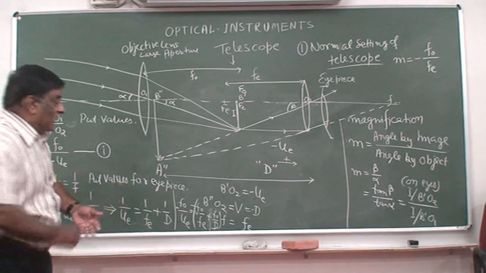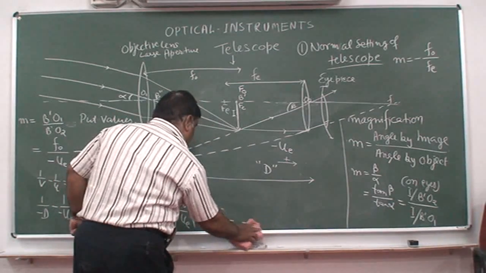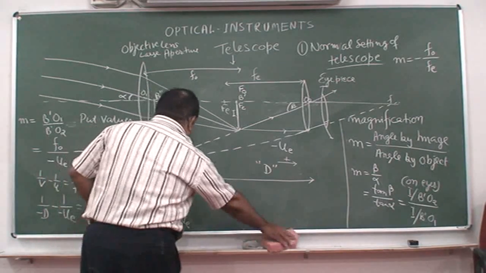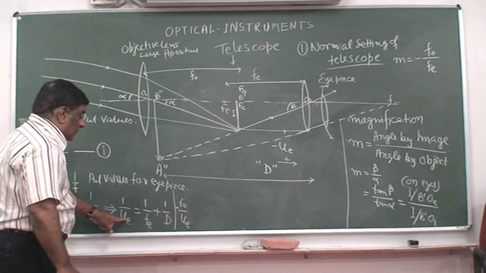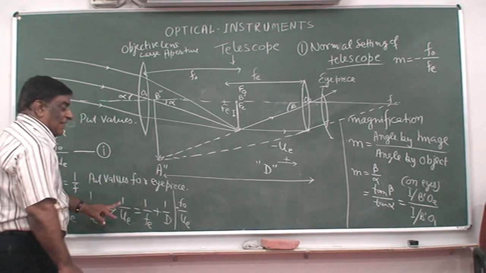So we write it clearly now. I will make it pretty clear. Once again, 1 upon UE was equal to this, multiplying both sides with minus FO.